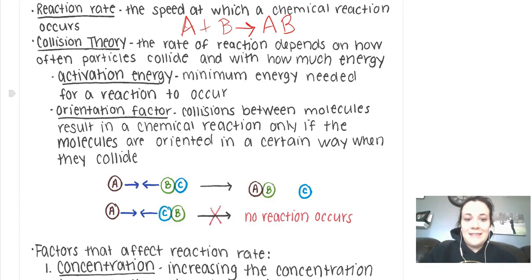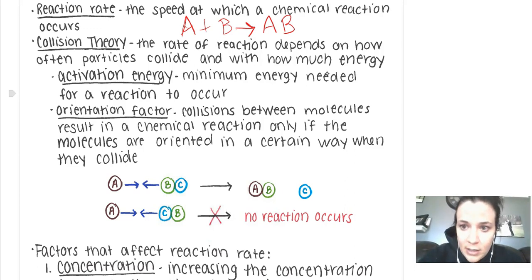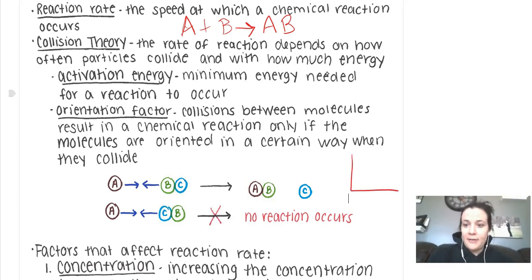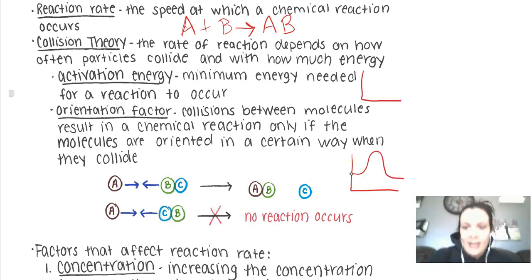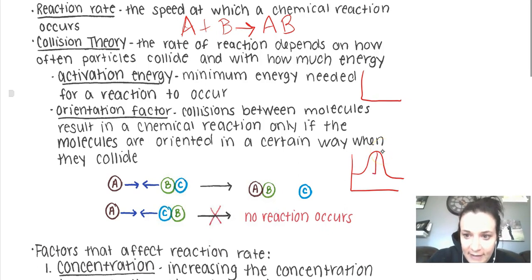Well, just because there's a collision doesn't mean that that reaction is going to necessarily occur. They also have to collide with enough energy. All right, I'll draw this down here where I have a little bit of room. So this is called a potential energy diagram. And the activation energy is going to be in here.